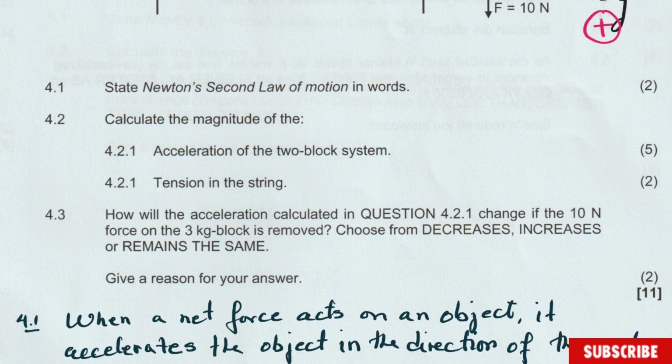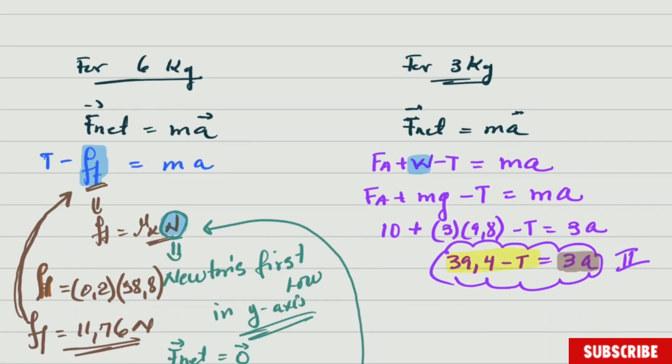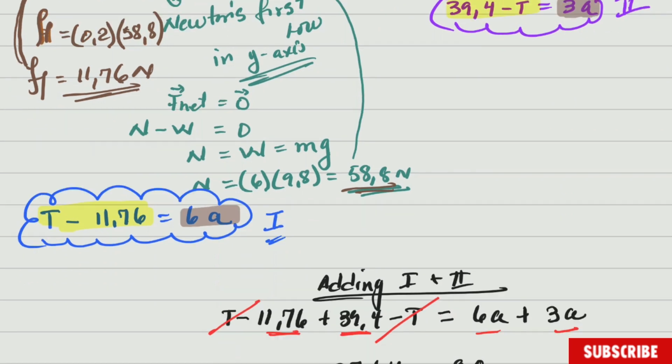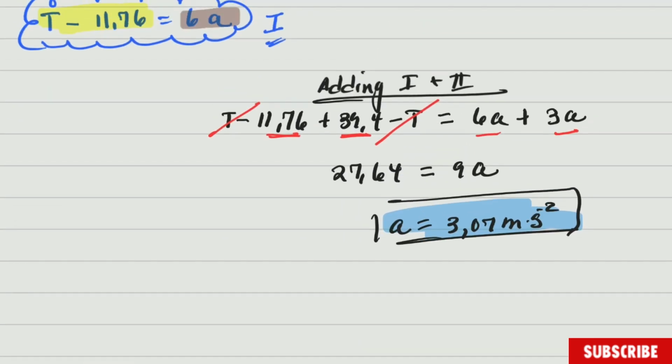Now calculate the tension on the string, guys. All we have to do is to use either equation 1 or equation 2. It doesn't really matter which one you use. Now this is question 4.2.2. We are going to use equation 1. It is T minus 11,76 is equal to 6A.